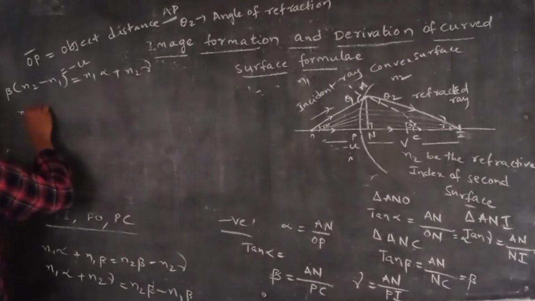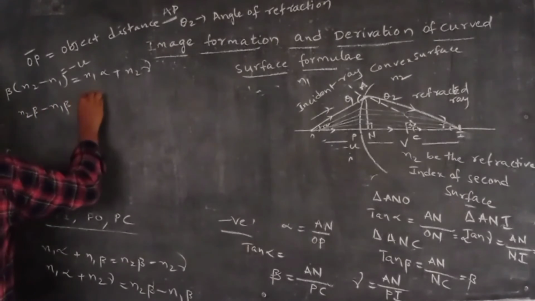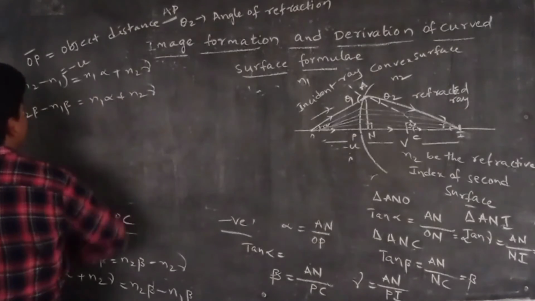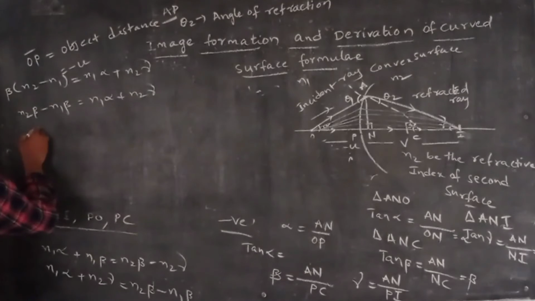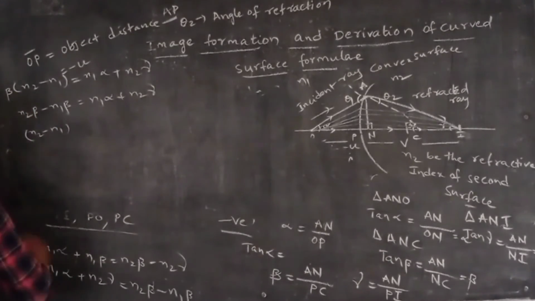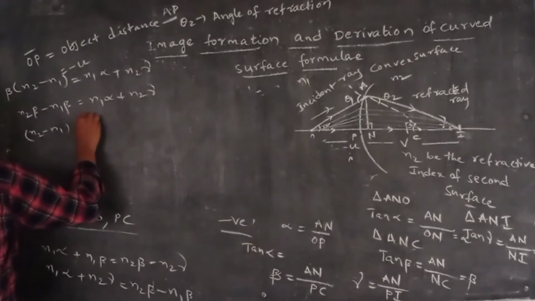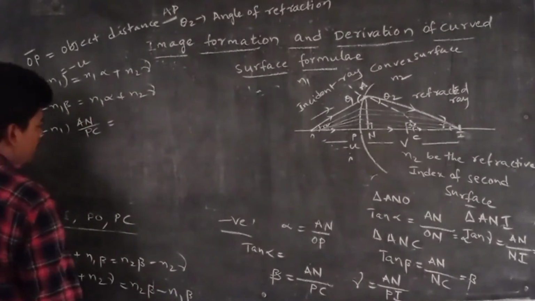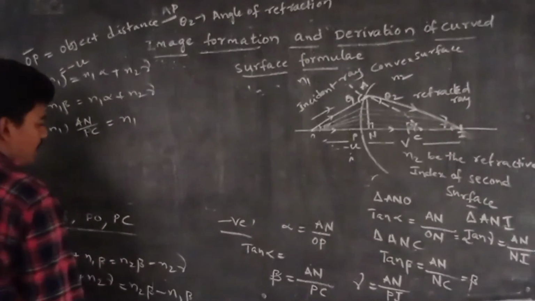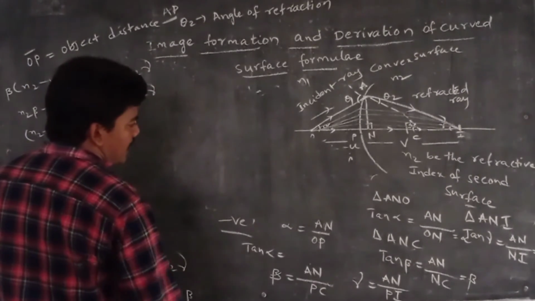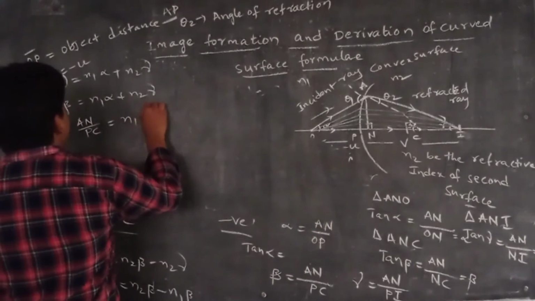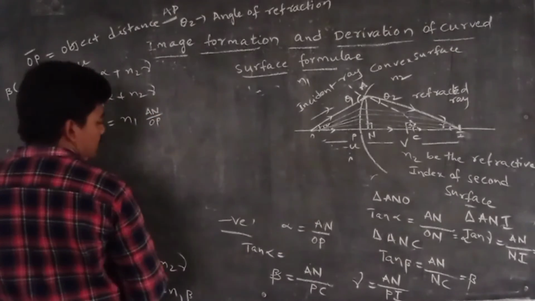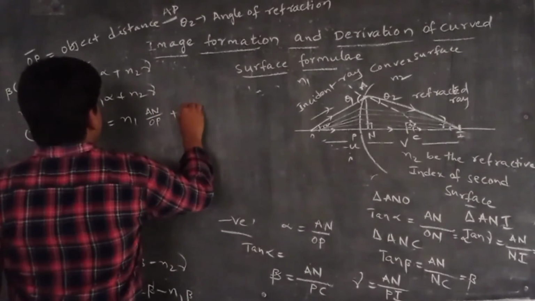So (n2 minus n1) times beta, which is AN by PC, is equal to n1 times alpha, where tan alpha becomes alpha and is equal to AN by OP, plus n2 times gamma.